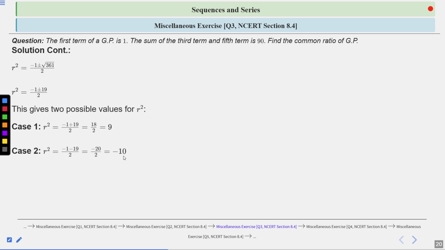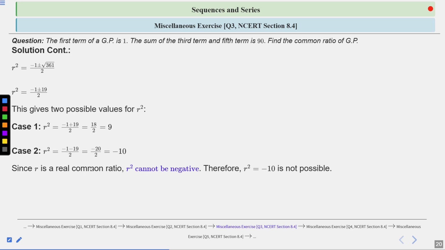Left hand side quantity is r square, meaning r is a real number, so r square is a non-negative real number. But right hand side quantity is -10, a negative real number. Left hand side quantity is non-negative. So this is a contradiction, so case 2 is not possible.